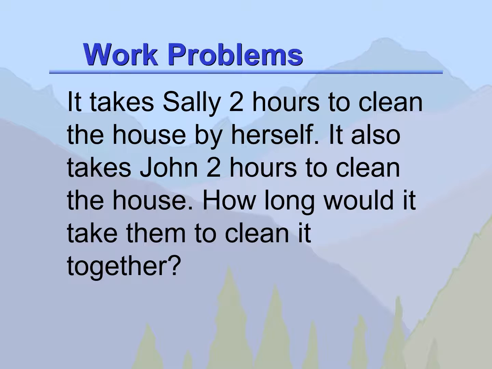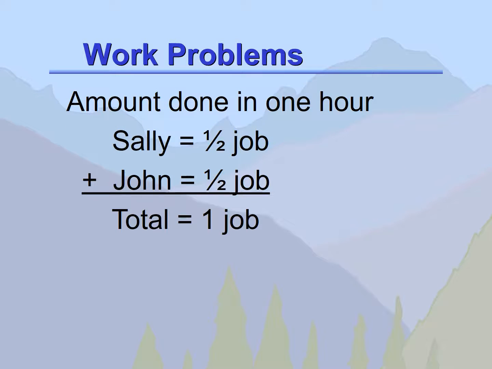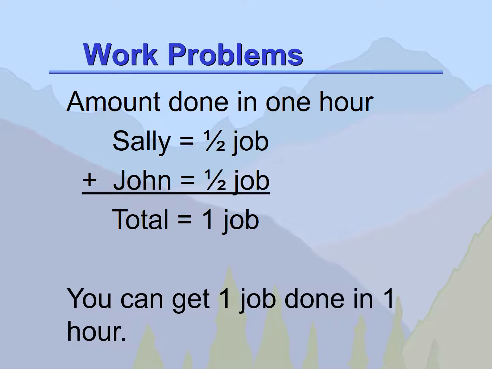And if John takes 2 hours to clean the house, then that means he does half the job in 1 hour. And so the amount done in 1 hour is 1/2 for Sally and 1/2 for John. So that means together in 1 hour they will have completed one job. So that means you can get one job done in 1 hour.